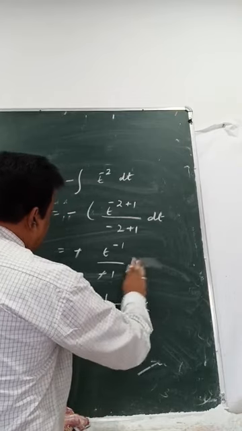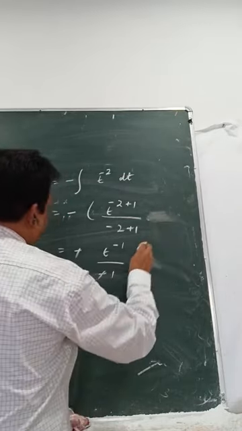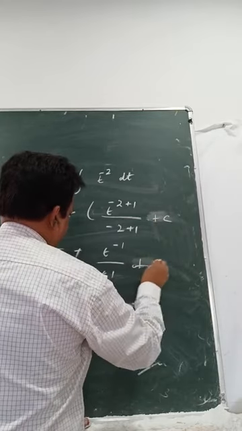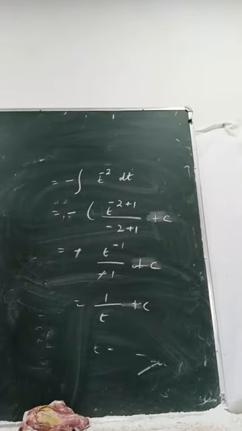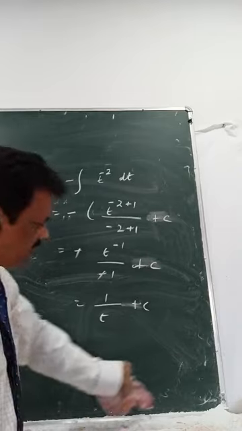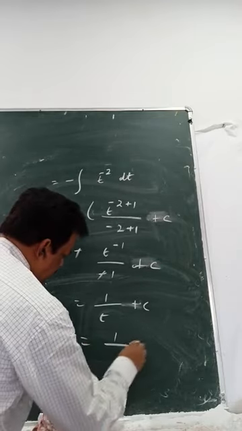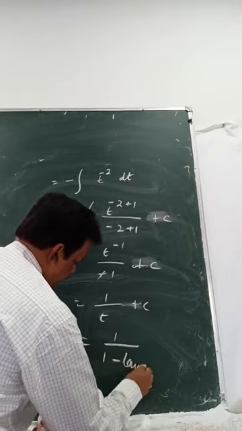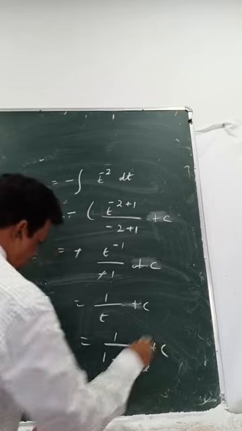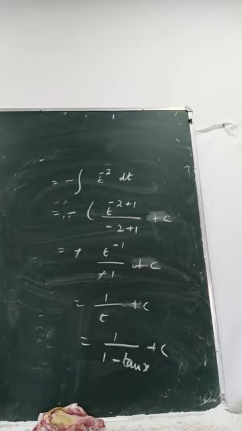So the dt is gone. Plus c. So 1 by t means 1 by 1 minus tan x plus a constant. Okay, let me proceed.